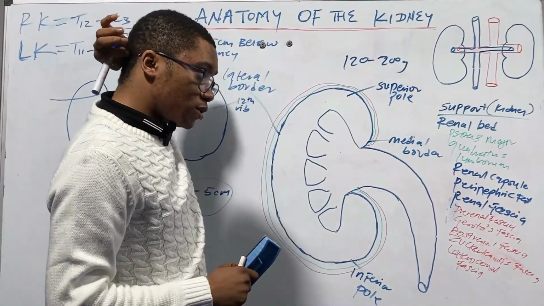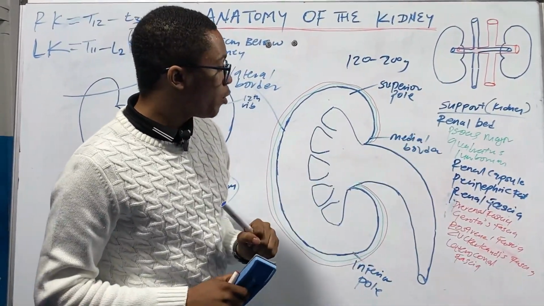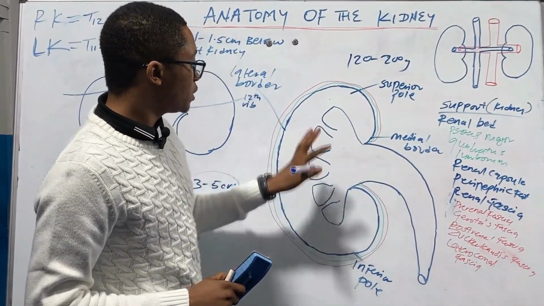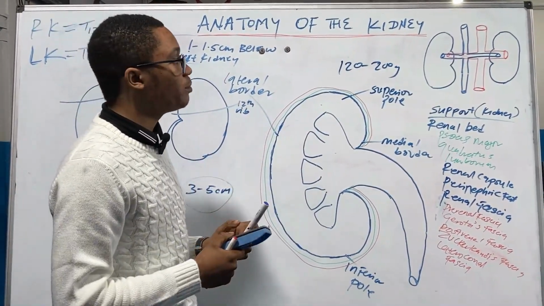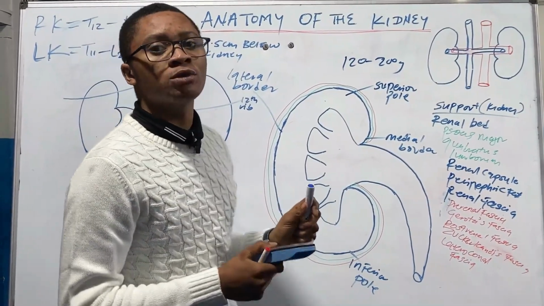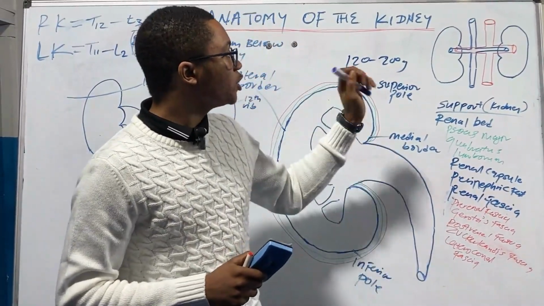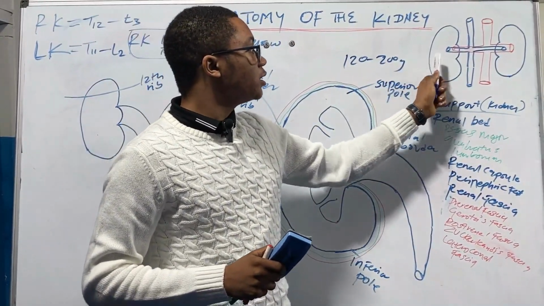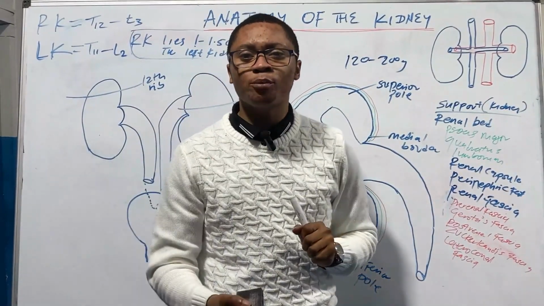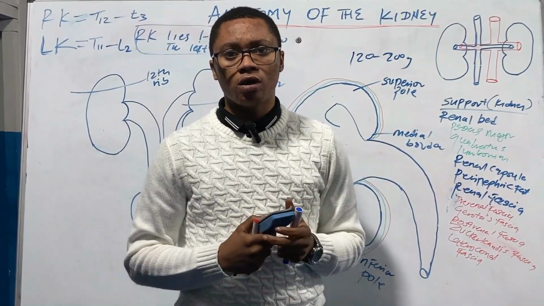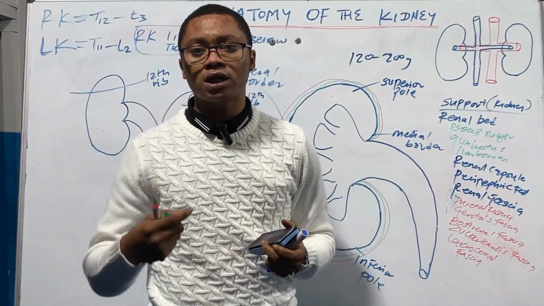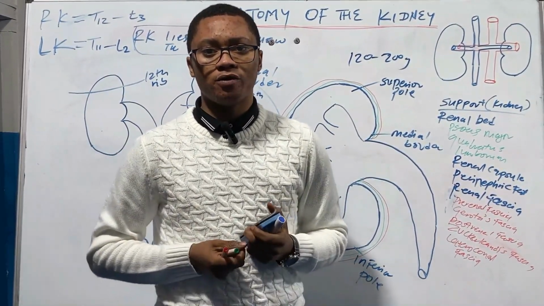All right. So this is the kidney supporting structure, and this is the external anatomy of the human kidney. In some situations, the right kidney may descend abnormally. We call it abnormal kidney descent or nephroptosis, where the kidney descends and is found in the greater pelvis.